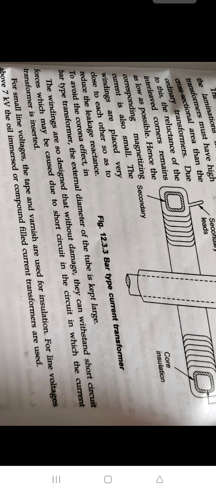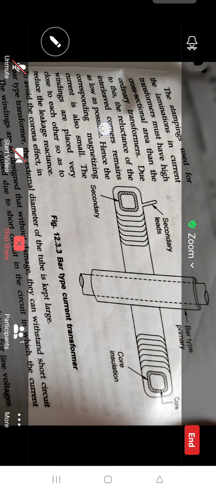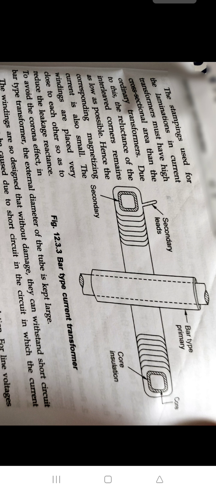To avoid the corona effect in bar type transformer, the external diameter of the tube is kept large. Now you may think, why will the corona happen here? Because we are now talking about the current transformer, and why is the current transformer needed? What is the need of current transformer?